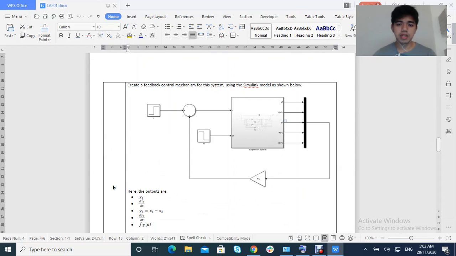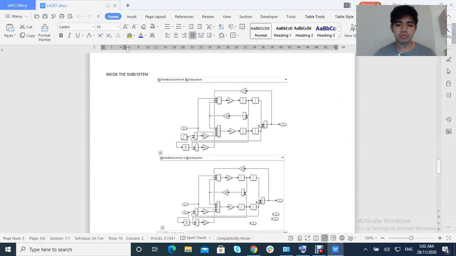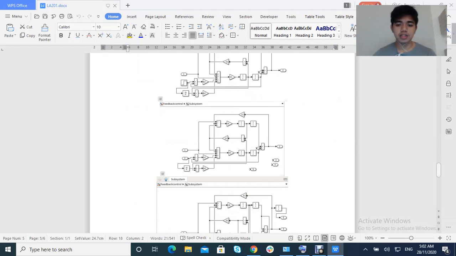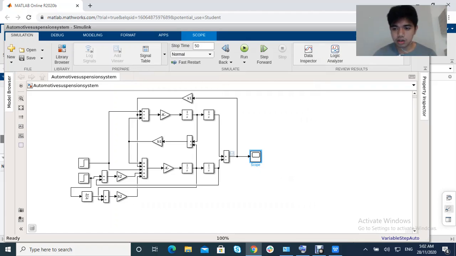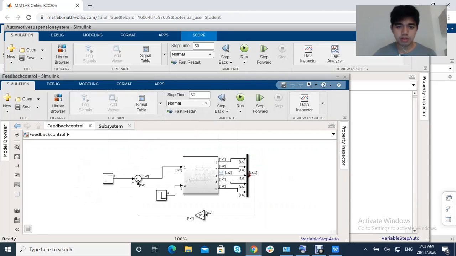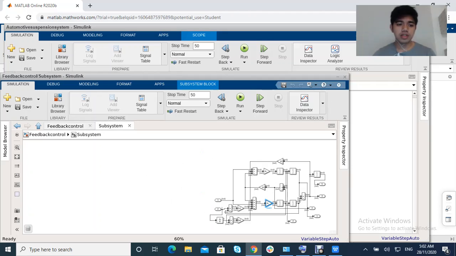This will be the control of the system. So copying and pasting it inside the subsystem, as you can see inside, here is the feedback control system. If I double click it here, you can see the automotive suspension system that I copied and pasted.